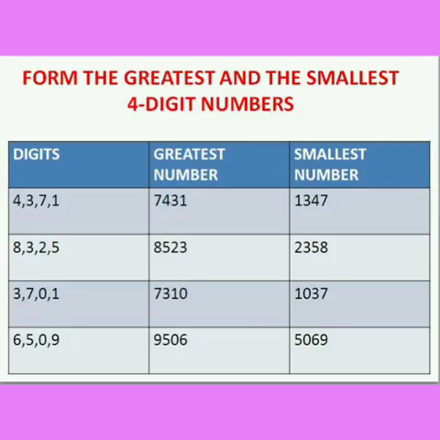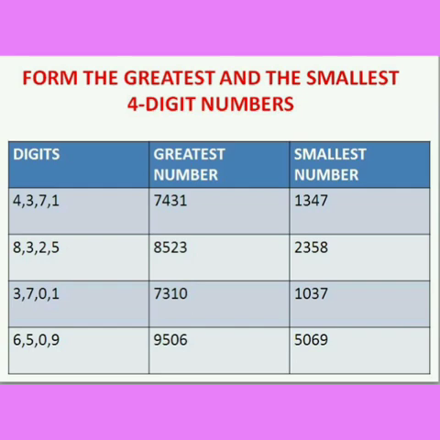Here some more examples are given. For the digits 4, 3, 7, 1, the greatest number is 7431 and the smallest number is 1347. Next example, 8, 3, 2, 5. Here the greatest 4-digit number is 8523 and the smallest 4-digit number is 2358.